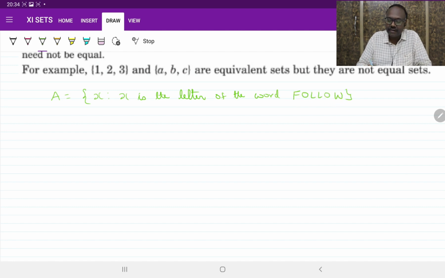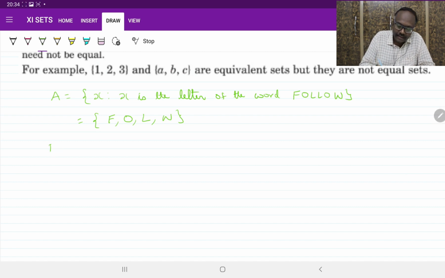Let us write down in the roster form. We get F, O, L and W. I hope you remember that whenever we have these letters of the word, we should write without repetition. So we write only one time. So we got F, O, L and W.